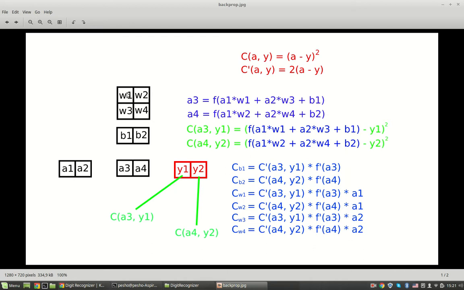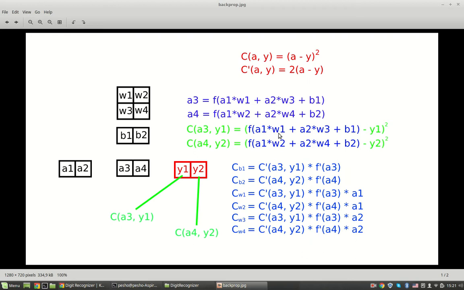Now let's take a look at W1, which is right here. The outermost layer is again the cost function with arguments A3 and Y1. So we first take the derivative of the cost function with arguments A3 and Y1.